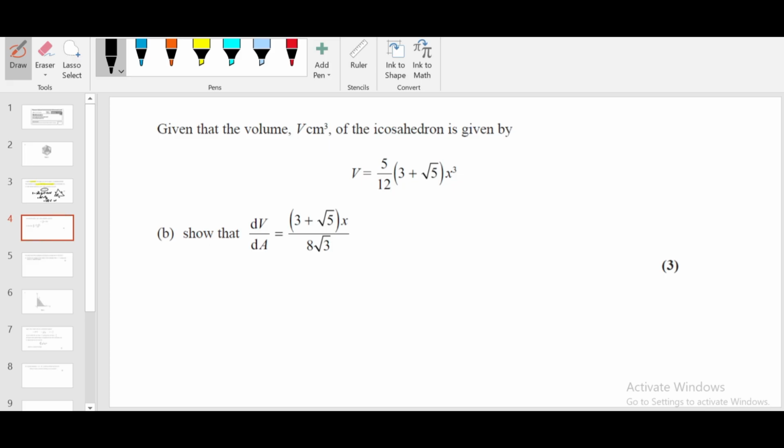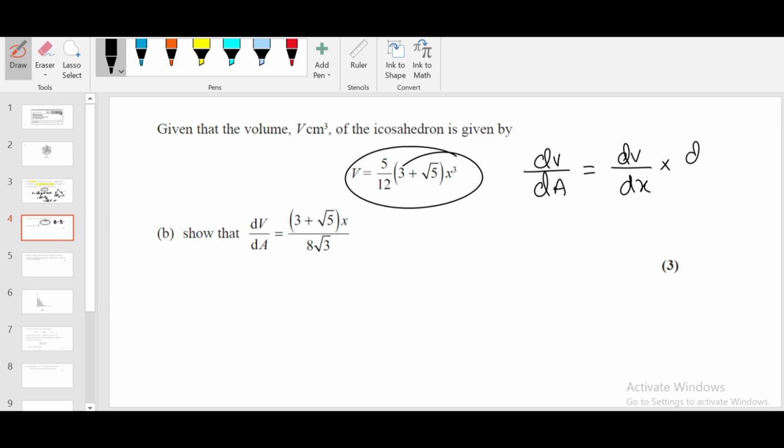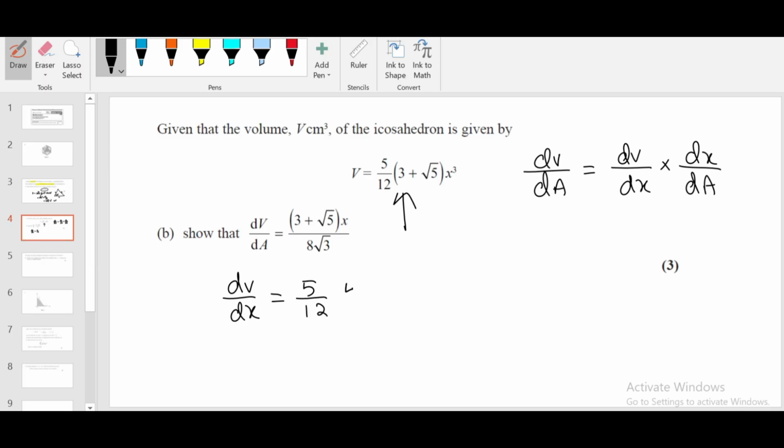Part B now. Given that the volume V is equal to this, show that dV by dA is equal to this. You can write dV by dA as dV over dx times dx by dA, since V is a function of x. For dV by dx, you differentiate this: dV over dx is 5 over 12 times (3 plus root 5) times the derivative of x cubed, which becomes 3x squared.